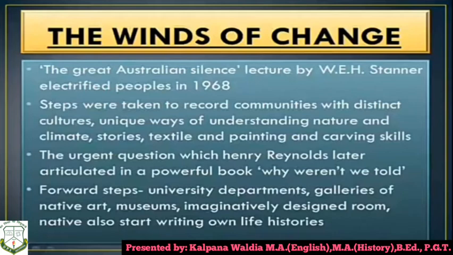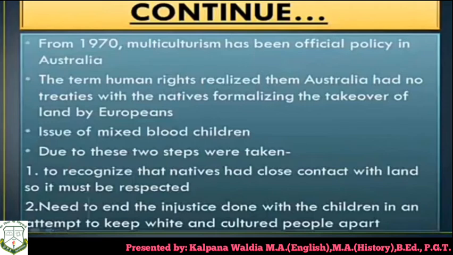The urgent question which Henry Reynolds later articulated in his book was Why Weren't We Told. Next steps: universities, departments, galleries of native arts, museums, and natives also started writing their own history. From 1970, multiculturalism has officially been policy in Australia.